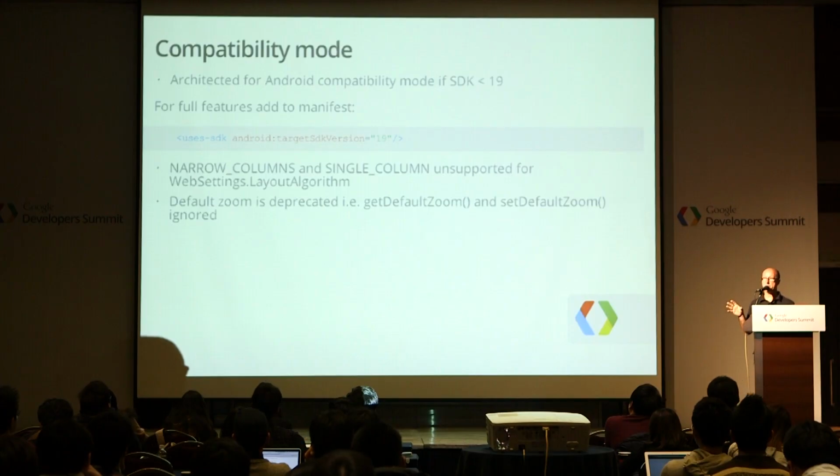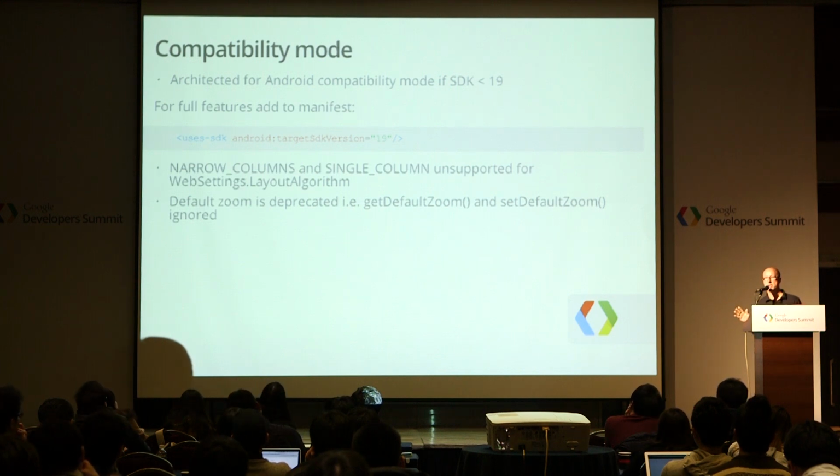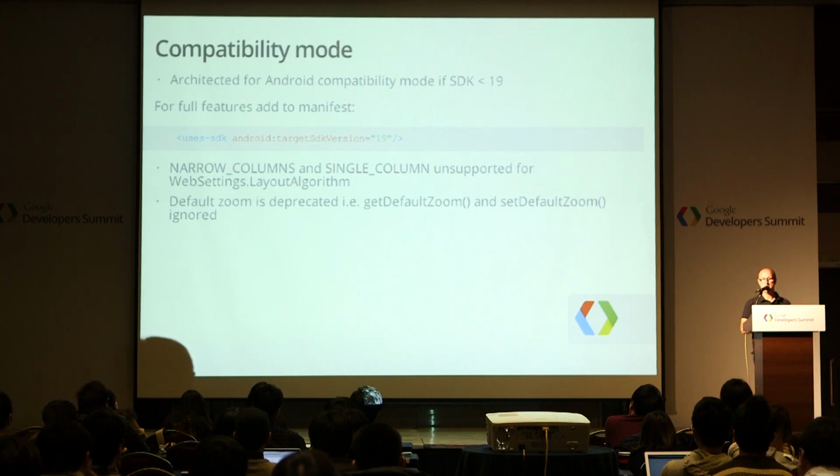So the WebView contains a compatibility mode. If you build your application with this manifest that says target SDK version 19 or higher, it will run in modern standards mode. If you build your application with SDK version 18 or lower, the WebView turns on a lot of behaviours that are meant to be more compatible with older applications, and this is purely for backwards compatibility.